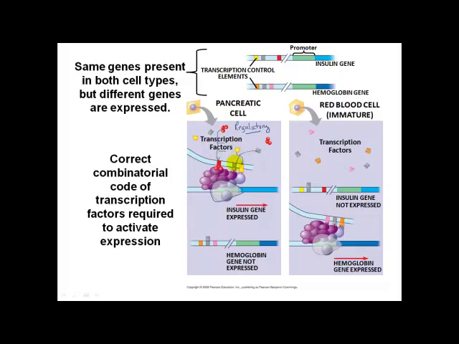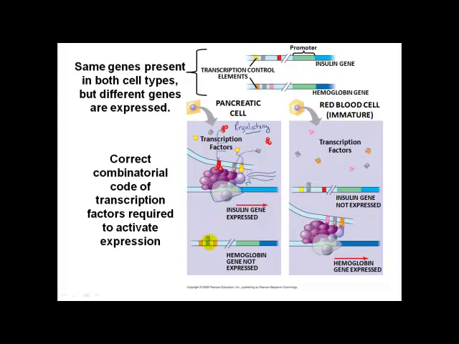And when those transcription factors bind to those sequences, we see an interaction between those transcription factors and the complex of proteins assembled at the promoter that leads to activation of transcription and lots of mRNA being transcribed from this insulin gene. And so the reason the insulin gene is expressed in the pancreatic cell is because the correct transcription factor population is being expressed that can bind to those sequences and activate the gene in its expression.